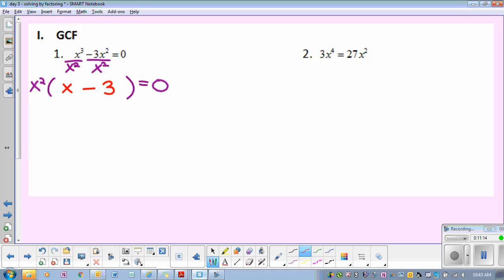All right. And this is just regular old factoring, okay? We just have an equal 0. Can I factor any of these further? No. So then that means I can go into my mini equations now. So every single part has to be equal to 0.